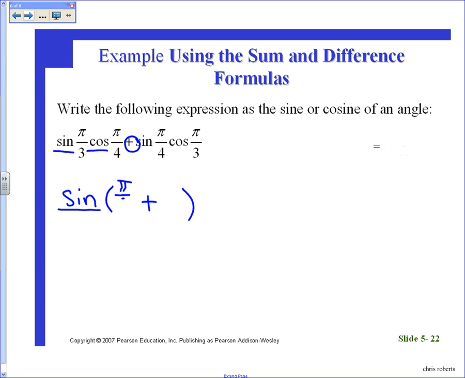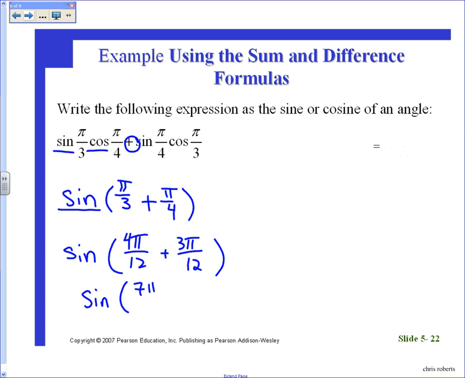And I'm doing pi over 3 plus pi over 4. So now we're going to want to add that together. So we have the sine of, we need a common denominator. In this case, it is going to be 12. And we're going to have 4 pi over 12 plus 3 pi over 12, which gives us the sine of 7 pi over 12.